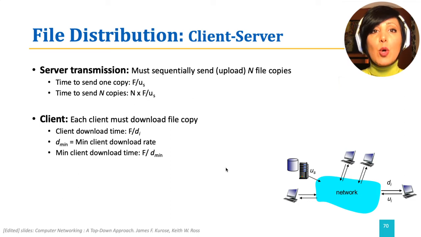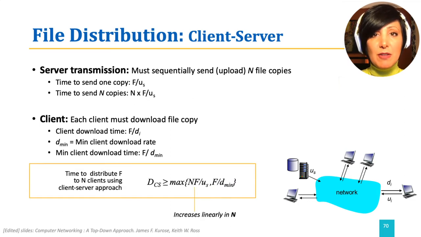So, the total time to distribute the file with size F to n clients using the client-server approach will be lower bounded by the maximum of n server uploads and the longest client download, which is the maximum of n times F divided by US, which increases linearly in n, and F divided by dmin.